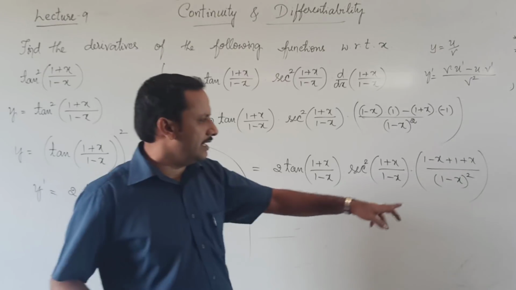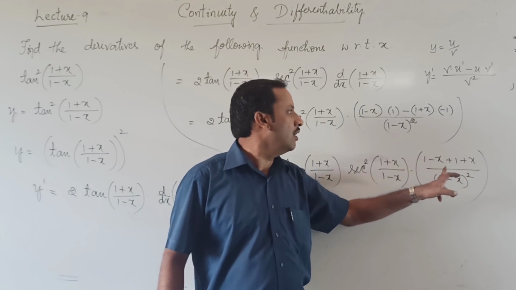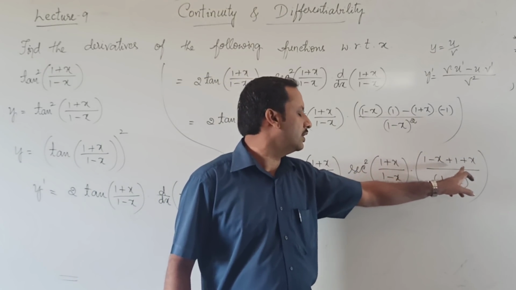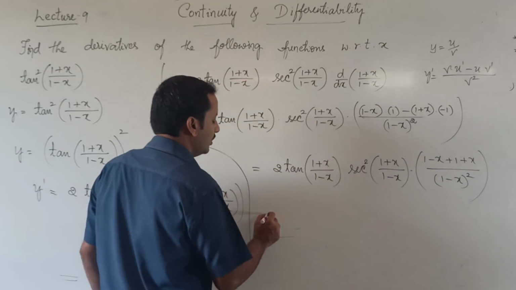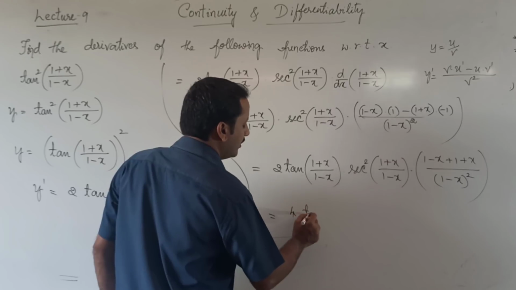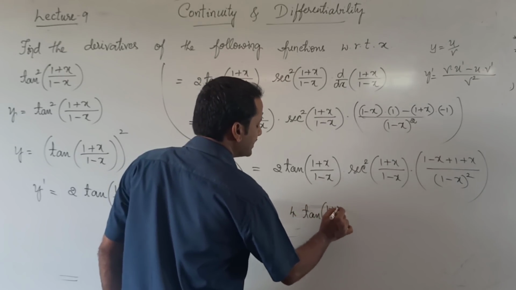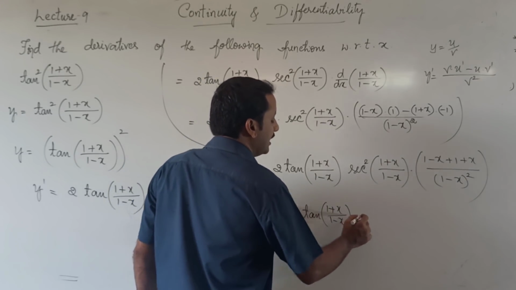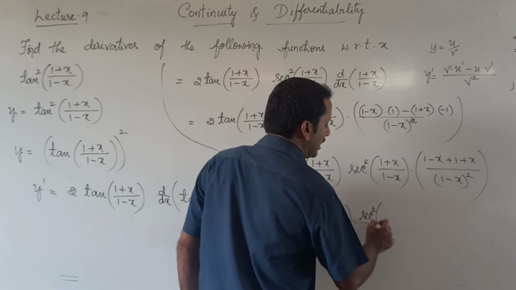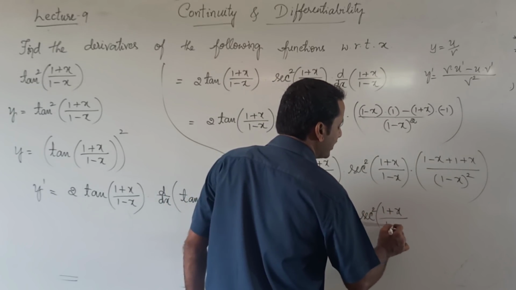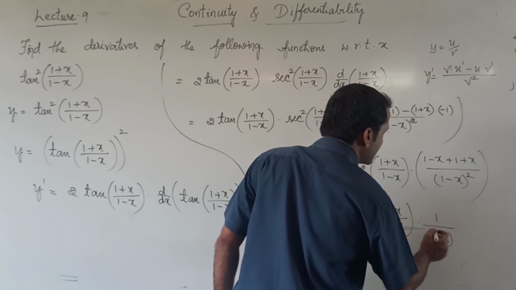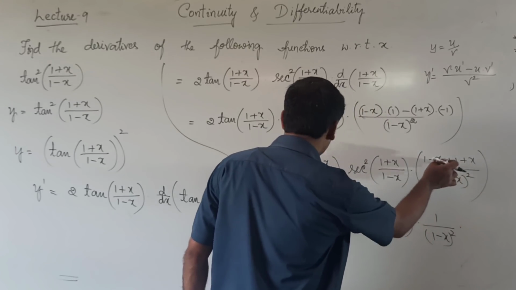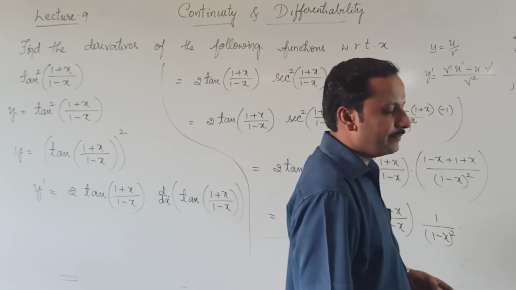See here x gets cancelled. 1 plus 1 will get 2. So 2 by 1 minus x whole square. That 2 into this 2 will become 4 tan (1 plus x by 1 minus x) into secant square (1 plus x by 1 minus x) into 1 by 1 minus x whole square. That 2 is there, that 2 I have already taken here.